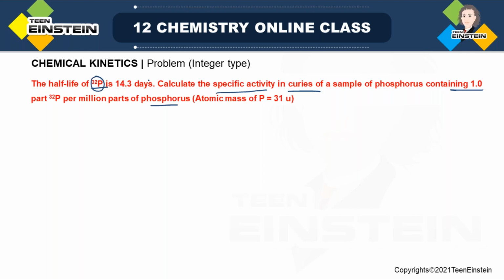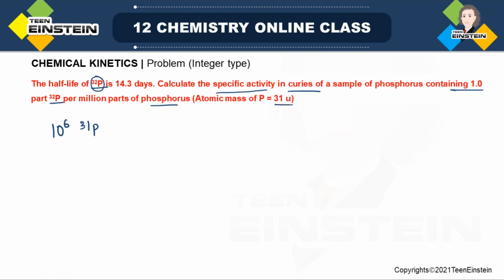If we consider that there are a total of 10 to the power 6 phosphorus atoms present, out of this 10 to the power 6, only one will be 32 phosphorus. So that is mentioned in this way, that containing 1 part 32 phosphorus per million parts of phosphorus. This information is given.